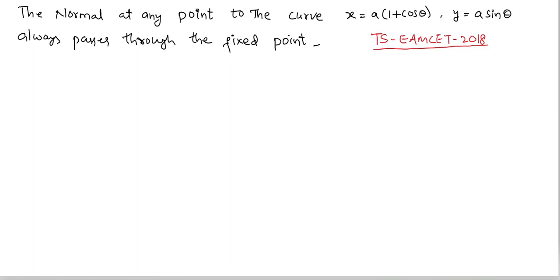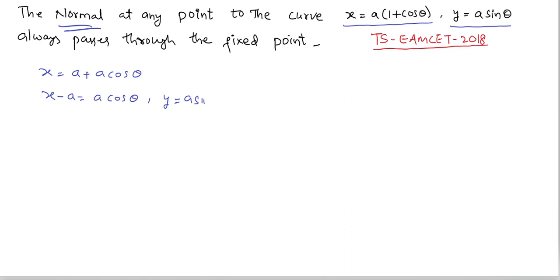The normal at any point on the curve x = a(1 + cos θ), y = a sin θ always passes through the fixed point. This is a TSM set 2018 question. Here the curves are x = a + a cos θ, so x − a = a cos θ, and the second curve is y = a sin θ.